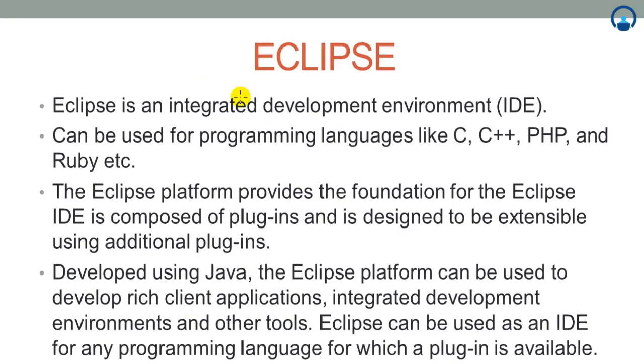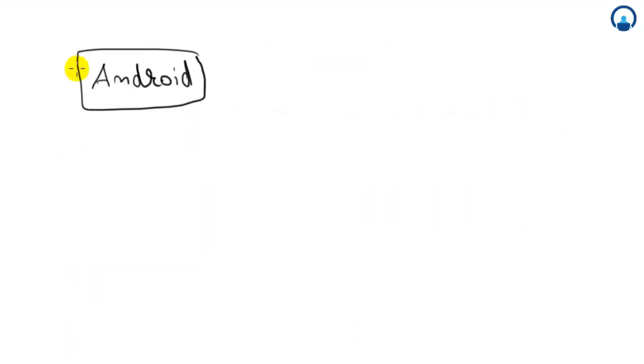Now Eclipse is developed using Java, and the Eclipse platform can be used to develop rich client applications, and it can also be used to design integrated development environments and other tools. Eclipse is itself a tool, and we can use it to develop more tools, and it can be used for developing web applications using Java.